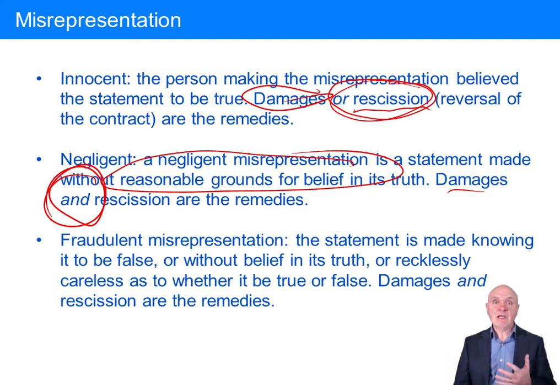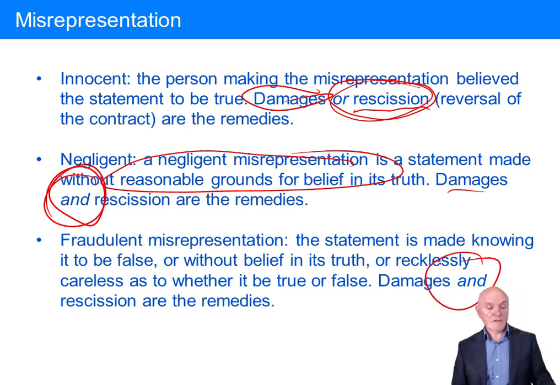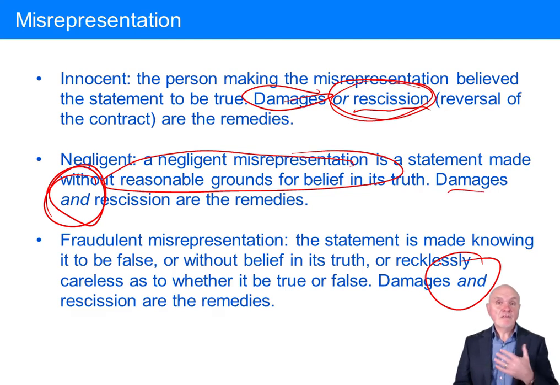This is the most serious type of misrepresentation. And again, damages and rescission are possible. And the court may well increase the damages there to add in a punitive element, an element of punishment to the person who made the deliberate fraudulent misrepresentation.